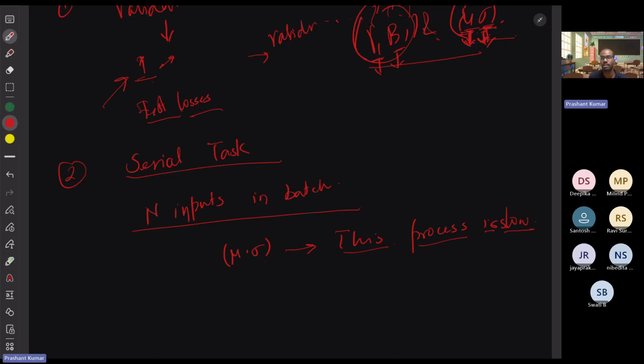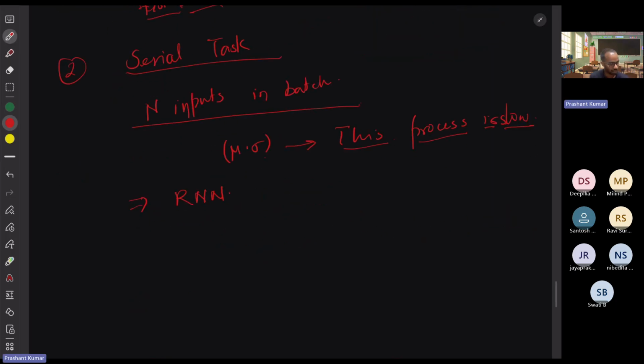Again, when you are doing a recurrent neural network, a little bit of idea about it is that a recurrent neural network generally takes time dependent problems. Let's say I give one input, I train my neural network, I get my output, then it's i equals i, and then i equals i plus 1. That means this output is always dependent on this input, right?